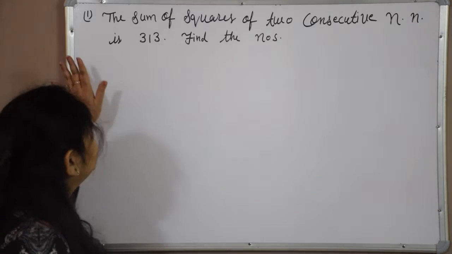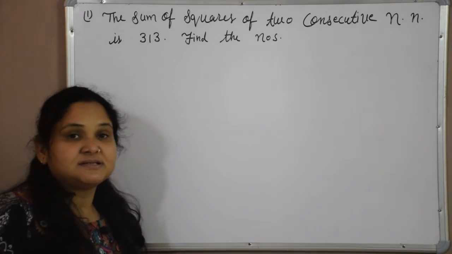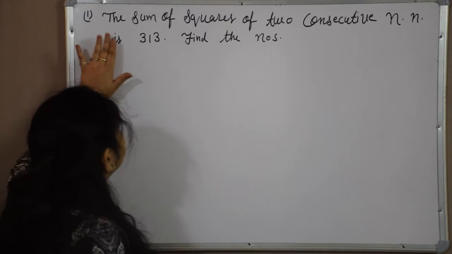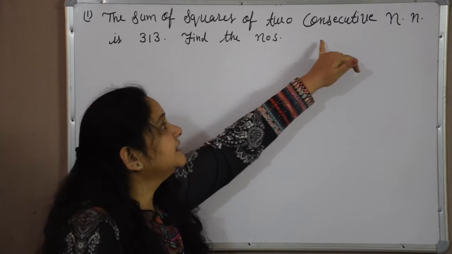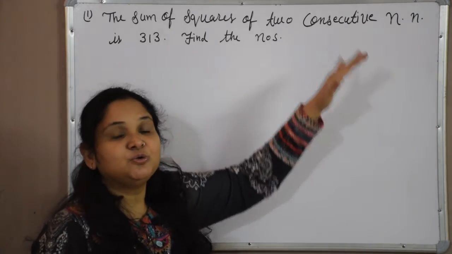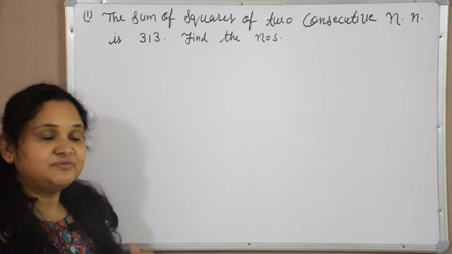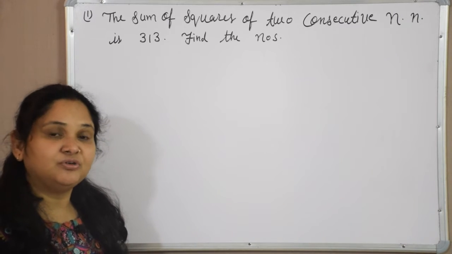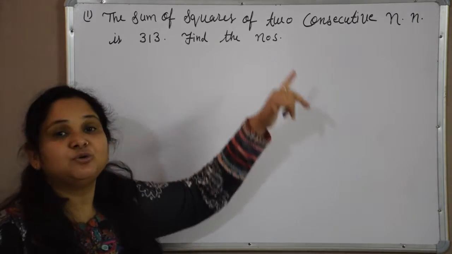In these types of statement sums, we always need to suppose something as x, and that is very important, because here it is given the sum of the squares of two consecutive natural numbers. The numbers are consecutive, which means one after one. Natural numbers start from 1 to infinity: 1, 2, 3, 4, all are natural numbers, and we have to consider consecutive.